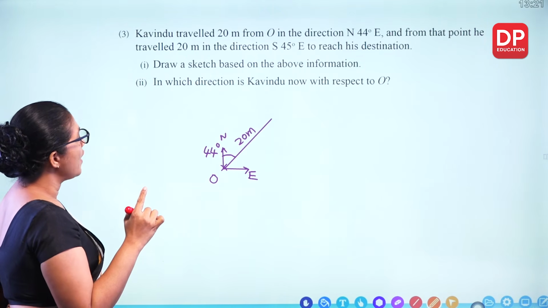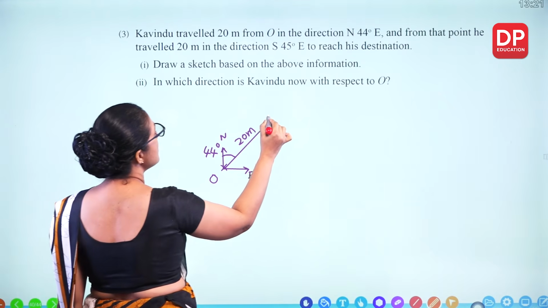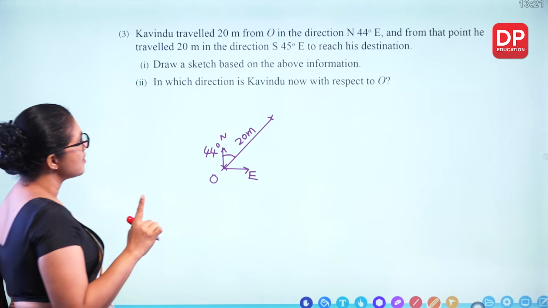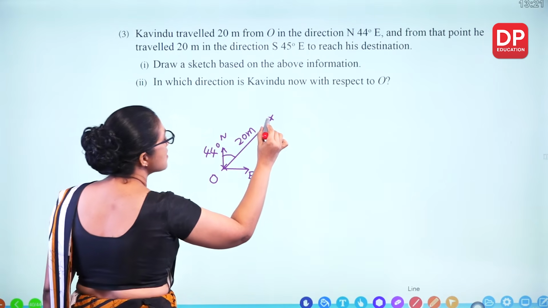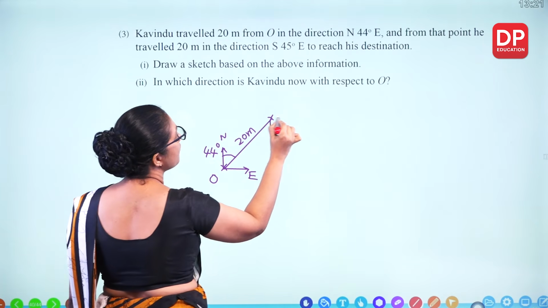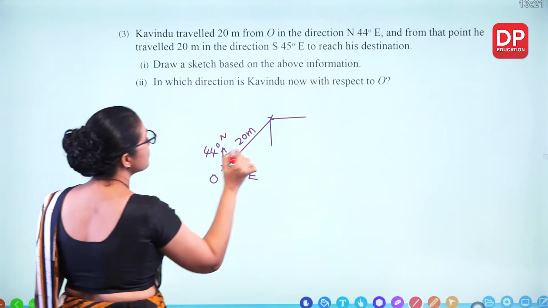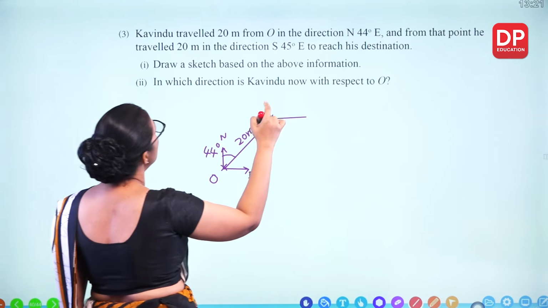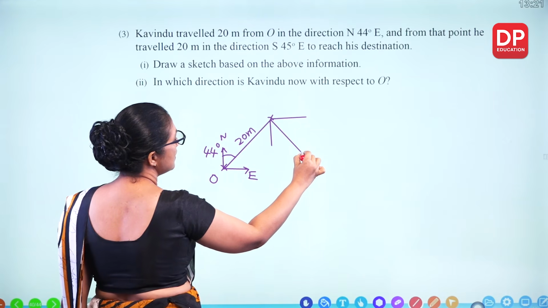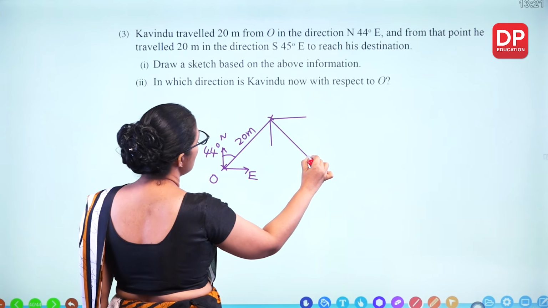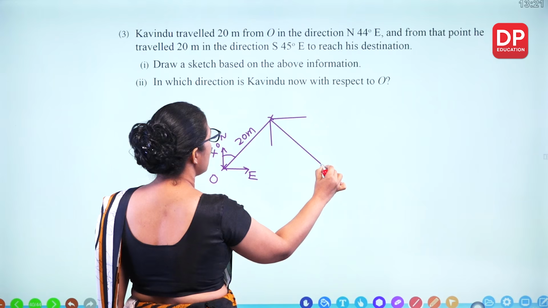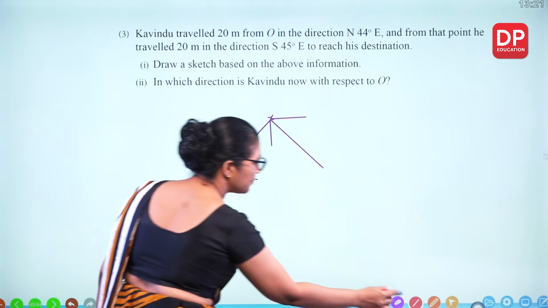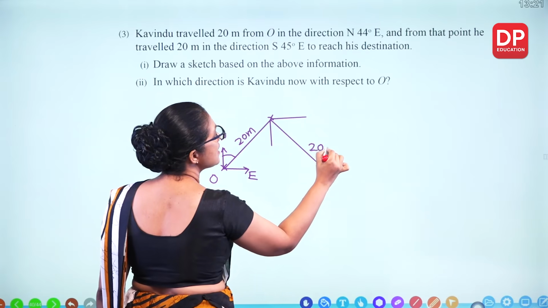And from that point, he traveled another 20 meters in the direction south and east. South here, east here. So 45 here. Again 20 meters like. So same distance. 20 meters.